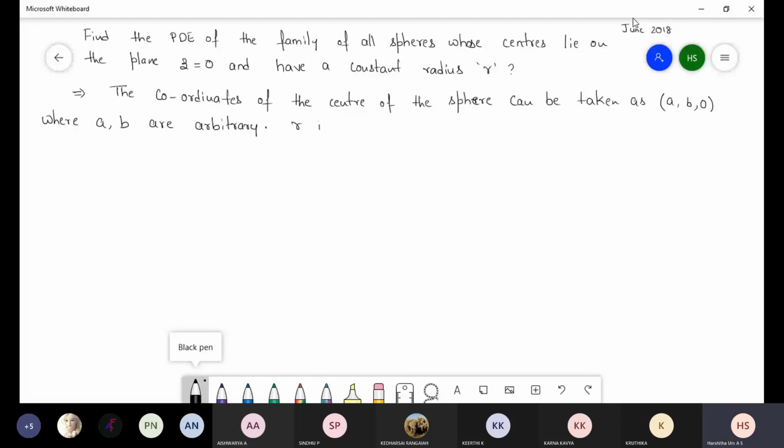And r they have given a constant radius. So we can write r is a constant radius.